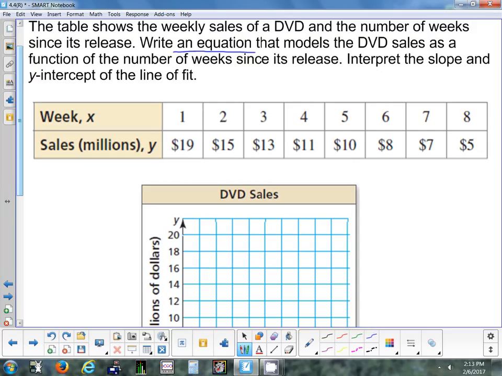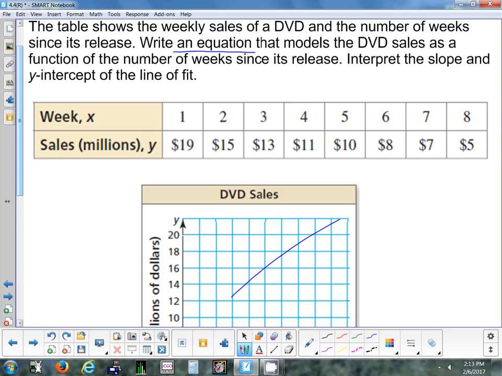So look back at the steps. What are we trying to draw? We're trying to draw a, Shannon? We're trying to draw a line. We're trying to fit a line. So can I just go like this and say, oh, there's my line? No. What do I need to do?